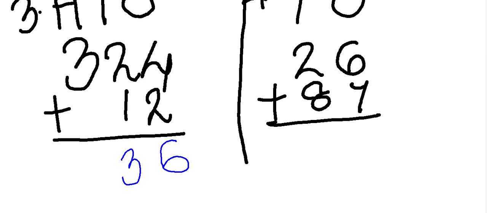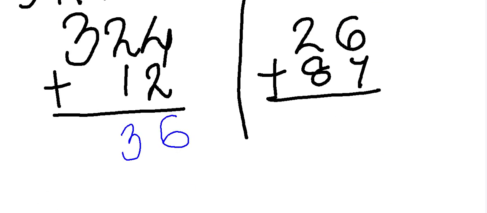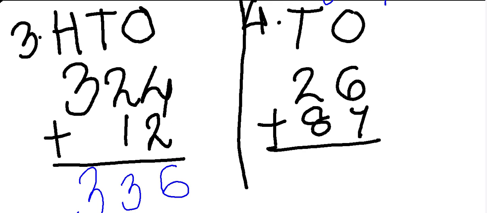As I told you in the previous sum also, if we have an empty column, nothing downwards to add, so we will only write the one which is up. So we are going to write here 3. So our answer will be 3, 3, 6. Hundreds column will be 3, tens will be 3 and ones will be 6. So 336 is the answer for sum number 3.